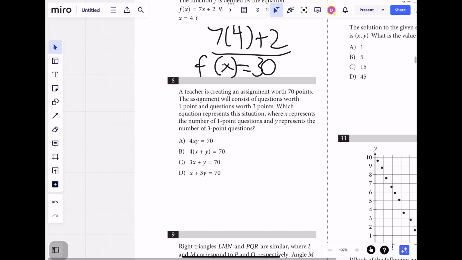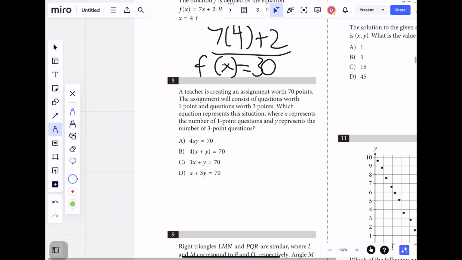Number 8, a teacher is grading an assignment with 70 points. The assignment will consist of questions worth 1 point and questions worth 3 points, where x represents the number of 1-point questions and y represents the number of 3-point questions.